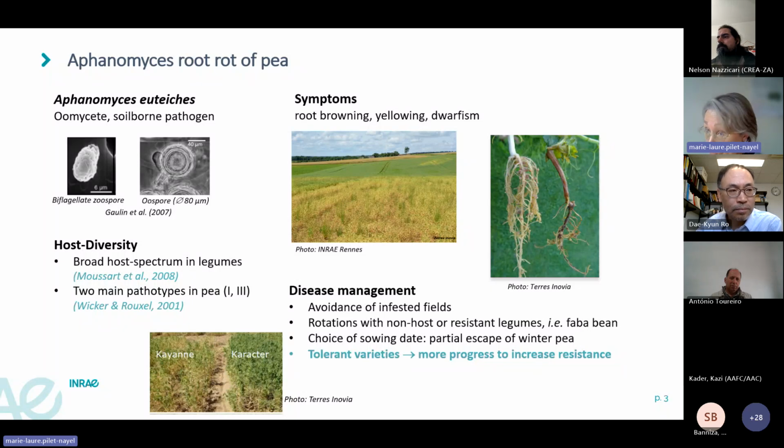Some papers show that root exudates from faba bean have a repulsive effect on zoospores. So it's interesting to have more research about why faba bean and lupin are resistant or non-host, but we still do not have a lot of knowledge on this. Okay. Thank you. Thanks.